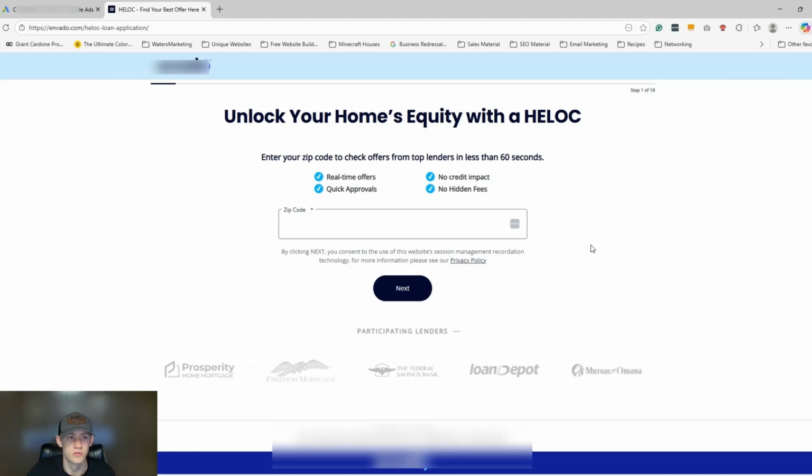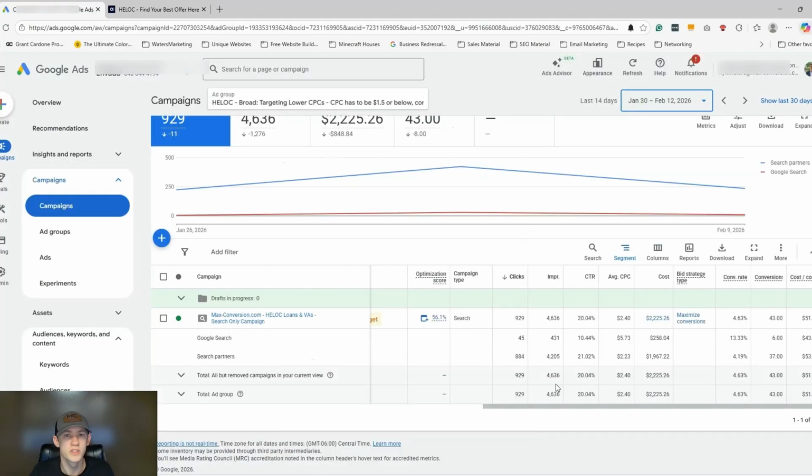And what that helps Google do, and what we've noticed here in 2025 and in 2026, is that maximize conversions or the automated bidding strategies start working really well. We're feeding it good quality conversion data. Google knows what we're looking for. The lead quality on the back end is really good. And so Google's going to try and find more people like that.